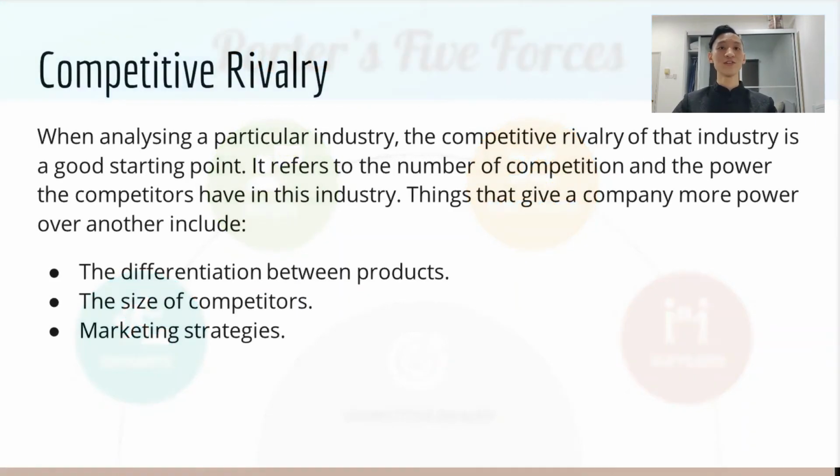Moving on to the first force, we have competitive rivalry. When we analyze a particular industry, it's best to start with this force first. This force refers to the number of competitors and the power the competitors have in this industry. The things that will give one particular company more power over another company include the differentiation between products.